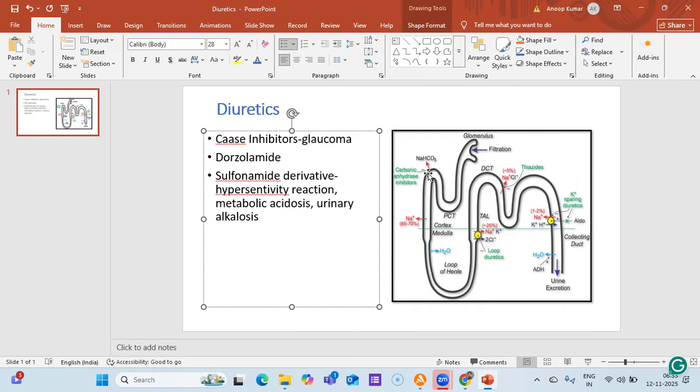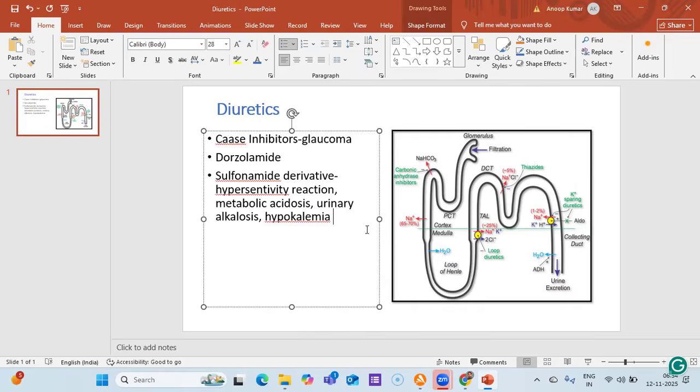Another important point is these could also result in hypokalemia, and we also discussed in detail the mechanism behind carbonic anhydrase inhibitor induced hypokalemia, right? I'm not going into details.